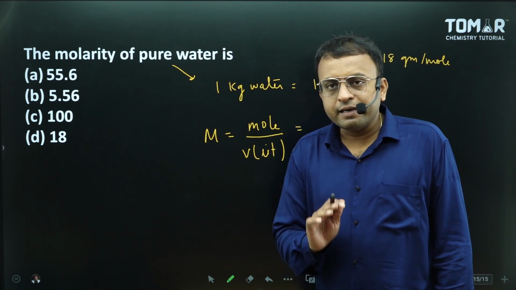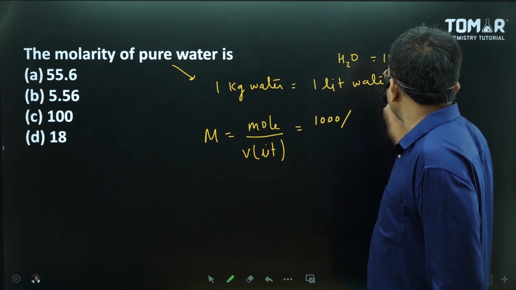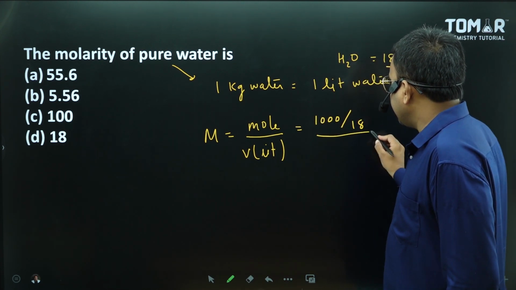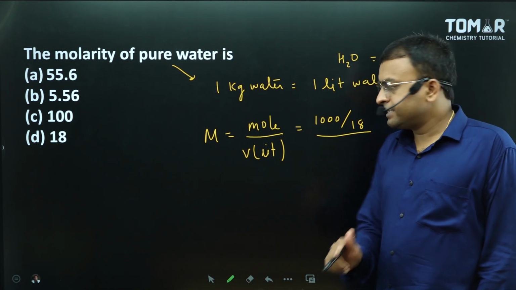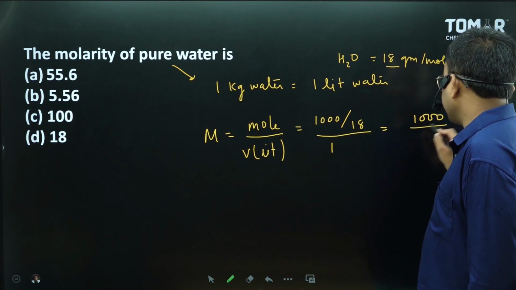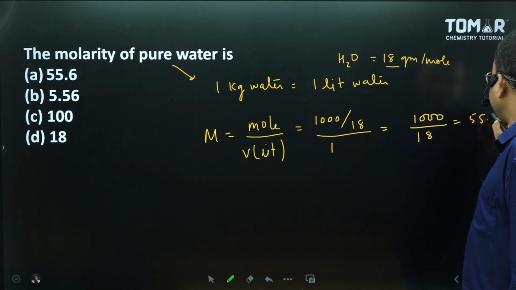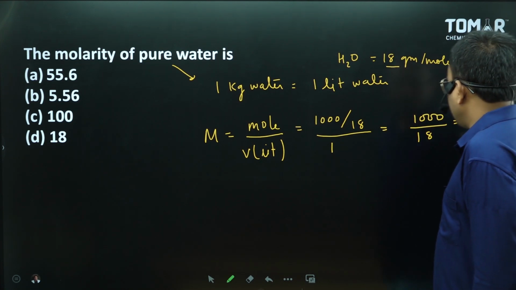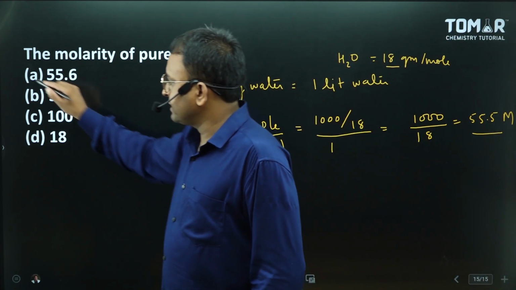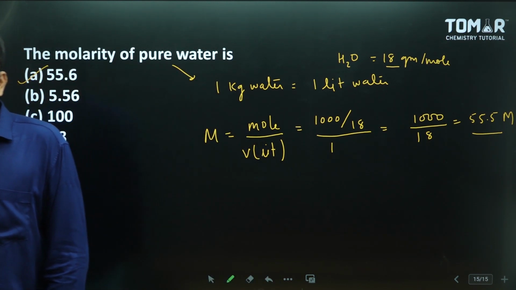We are assuming 1 kg water, so weight will be 1000 and molecular weight will be 18, and volume of 1 kg water is 1 liter. So 1000 divided by 18 will become 55.5 molar. The molarity of pure water is 55.5. Option A is correct.